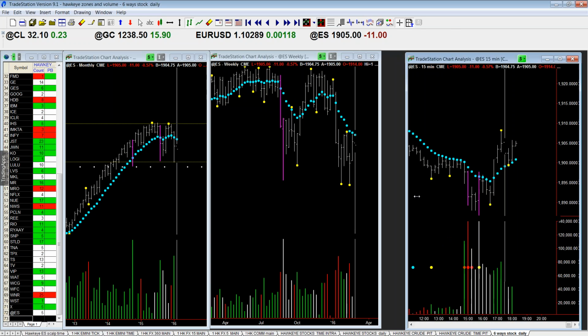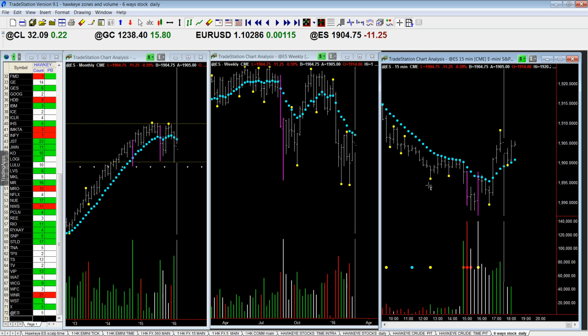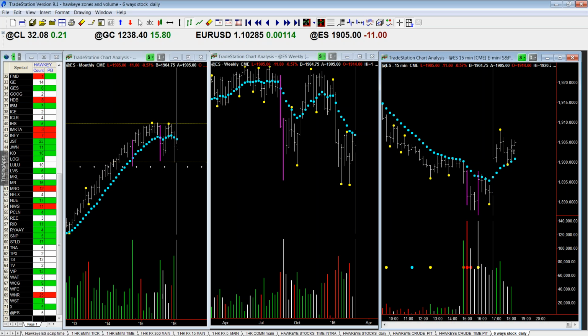And just like Gabriel was talking about how sweet his trading is by looking at the zones between the levels, my trading is sweet by just looking to see what the volume is doing compared to the dot. And of course, I've got a Hawkeye trend dot, which is a lot more elegant than this 12-period moving average.